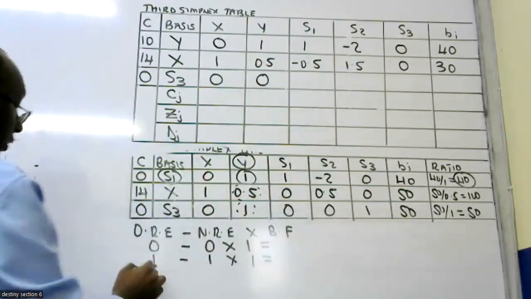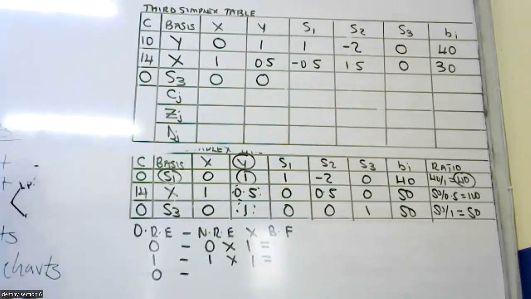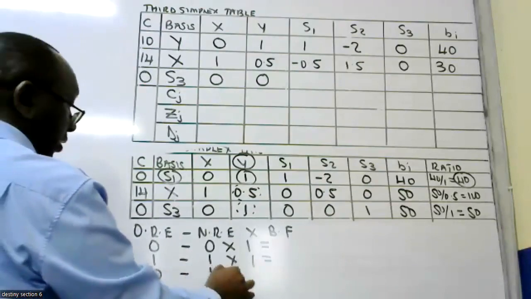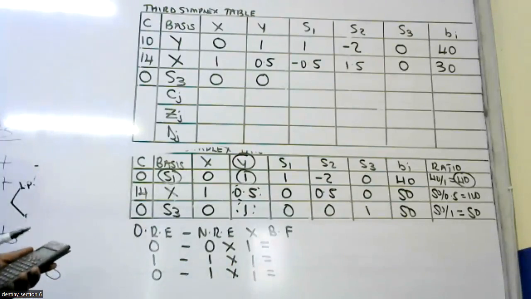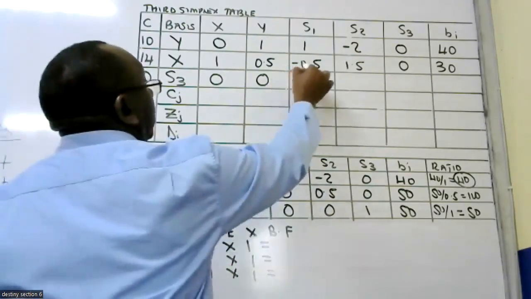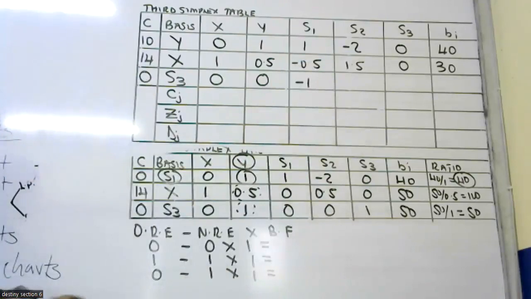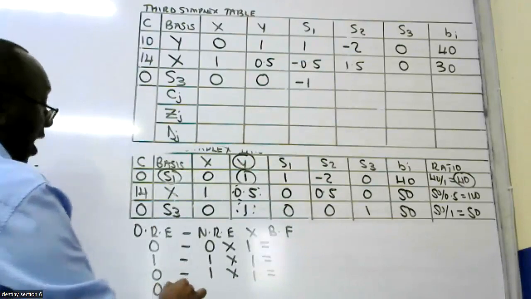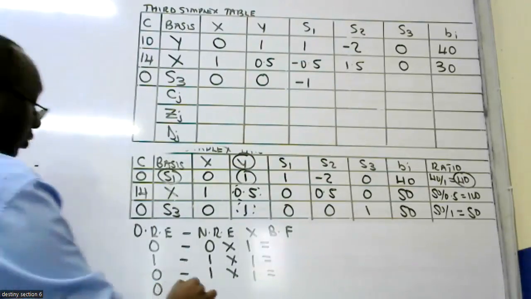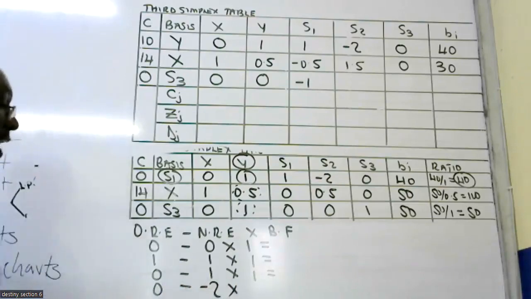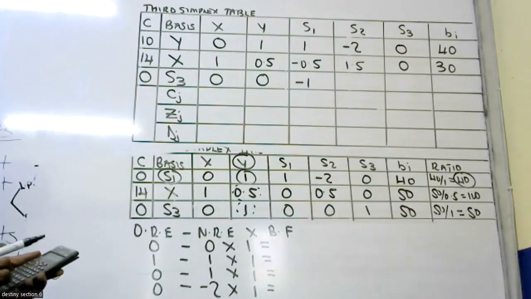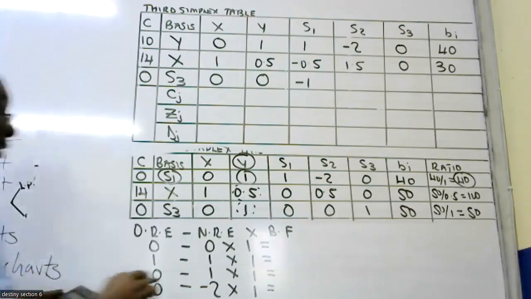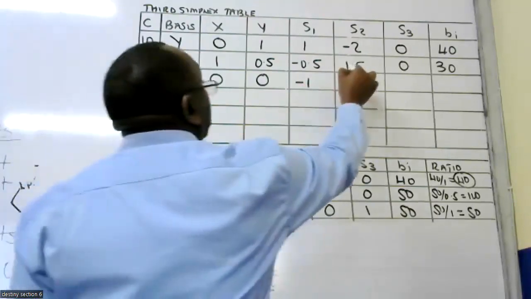Kuja kwa huyu ni 0. Pale tuko na 1 times 1. So 0 minus 1 times 1 is negative 1. Aya, huyu mwingine ni 0 kwa S2 minus pale niko na minus 2 times balancing figure is 1. So this is 0 minus minus 2 times 1 is 2.